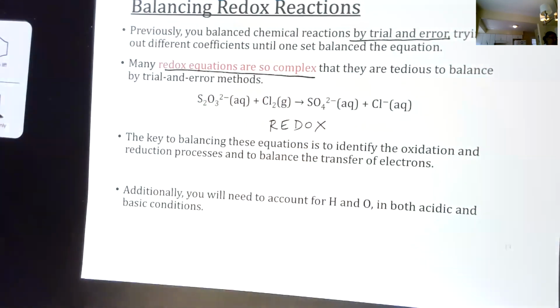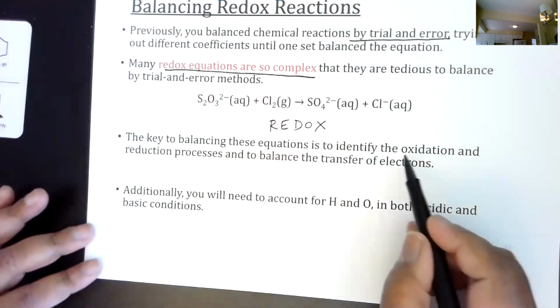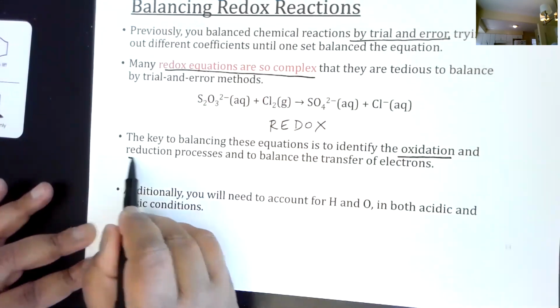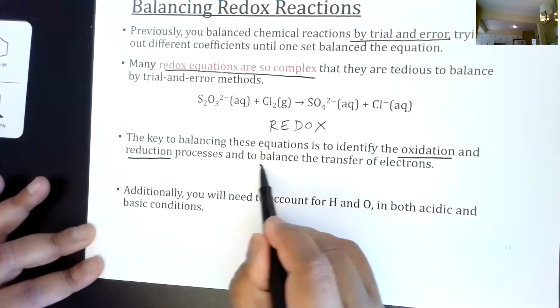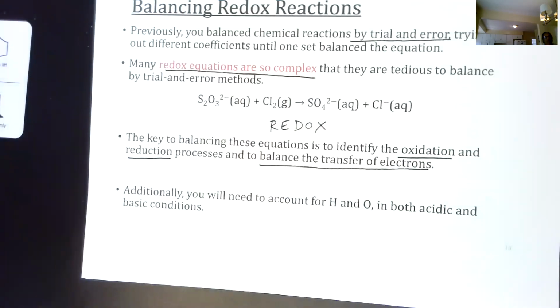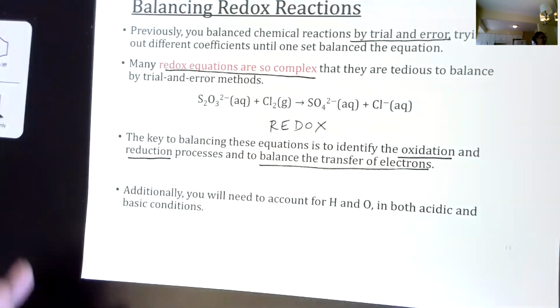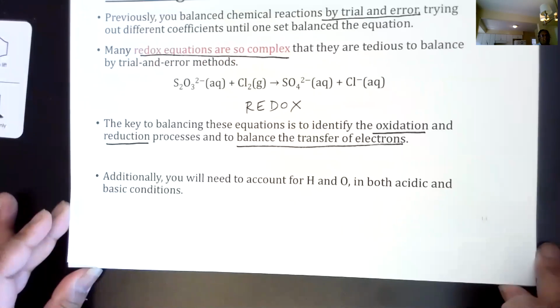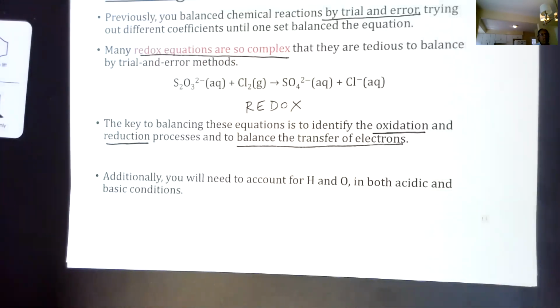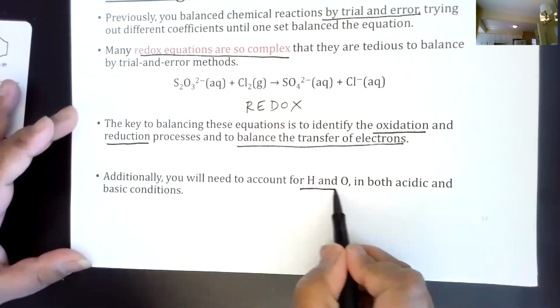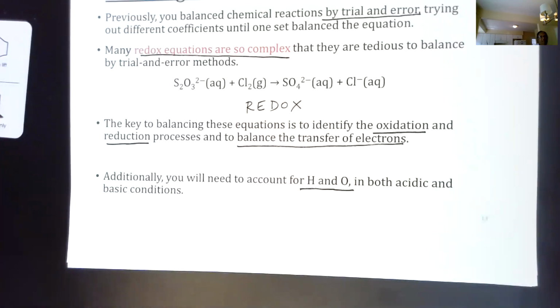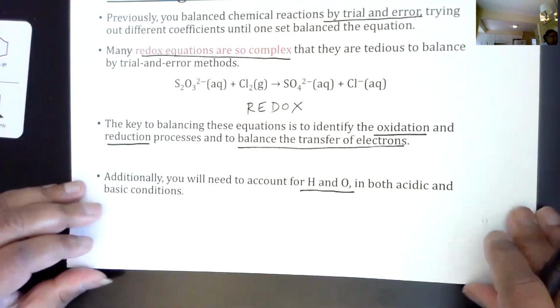First we have to identify the oxidation and reduction processes, and then balance the transfer of electrons. Additionally, you will need to account for H and O in both acidic and basic conditions.